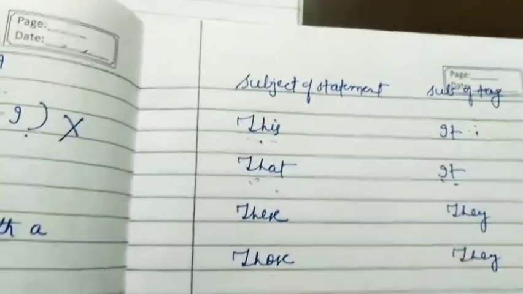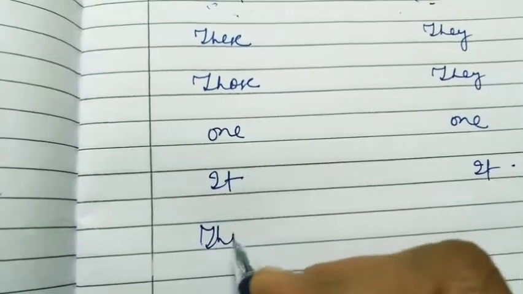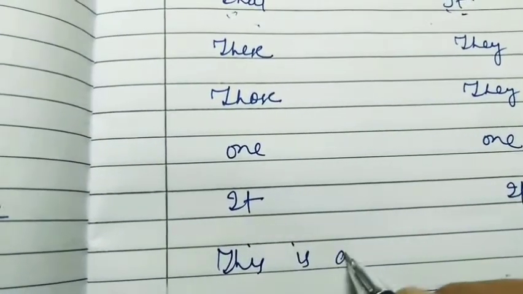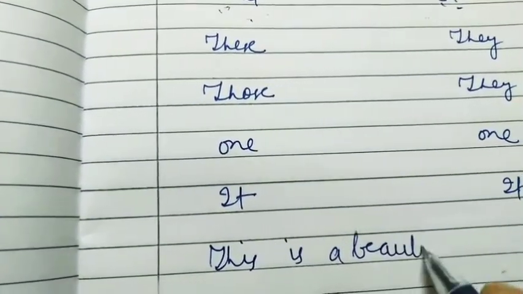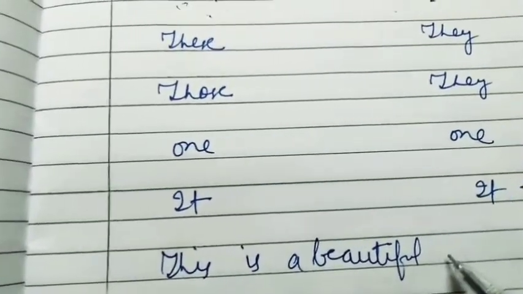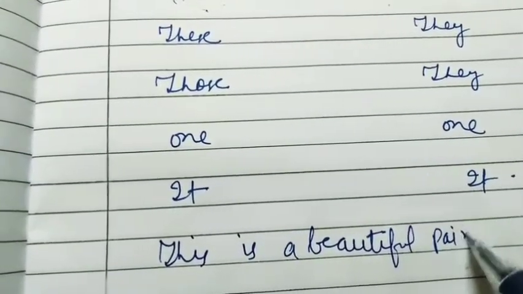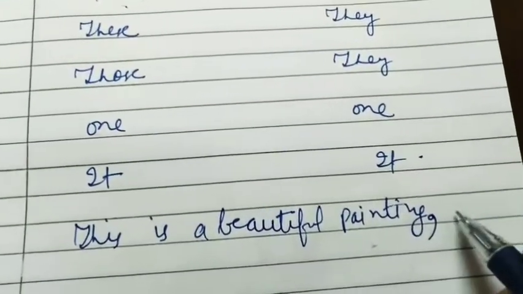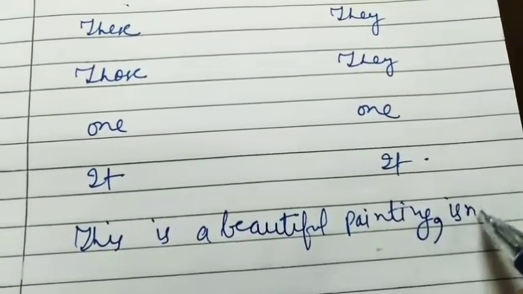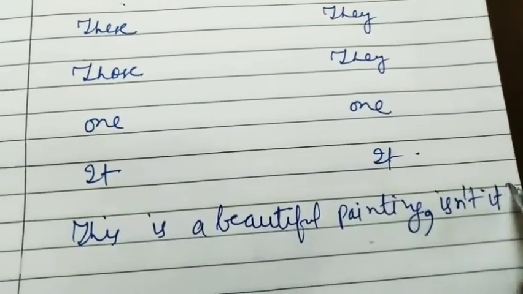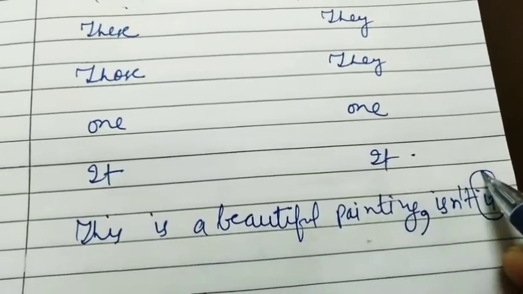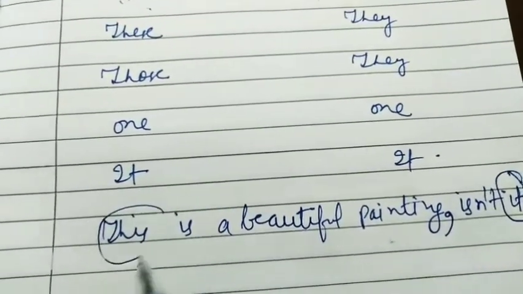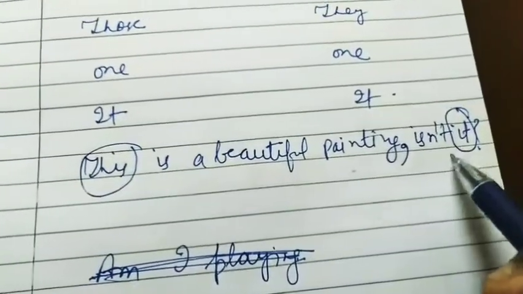If I say, for example, this is a beautiful painting. Okay, so what will be the question tag? Isn't it. It हमने क्या यूज किया? It. यहाँ पे subject क्या था? This. Clear है? We have used it here.